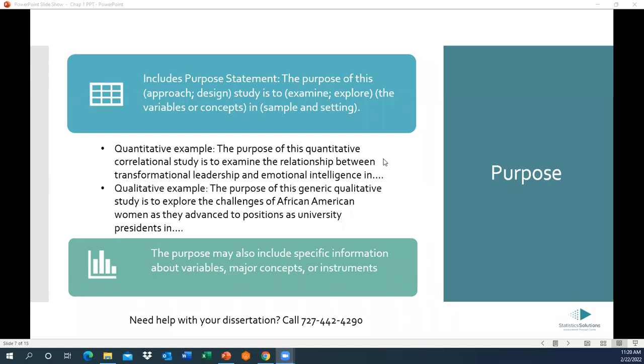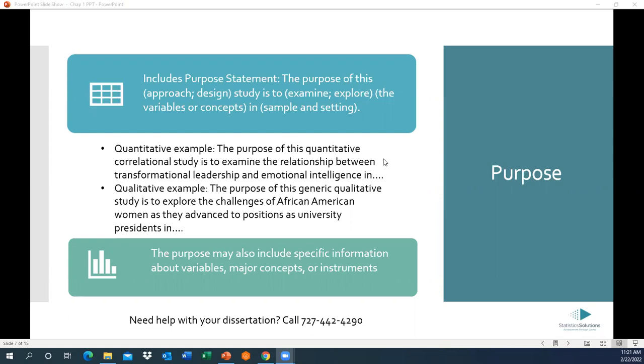Another thing to say about the purpose statement: anytime you mention your purpose within your study anywhere else, your purpose statement needs to stay the same. And that's the same with your research questions too. That's the only time you get a pass.